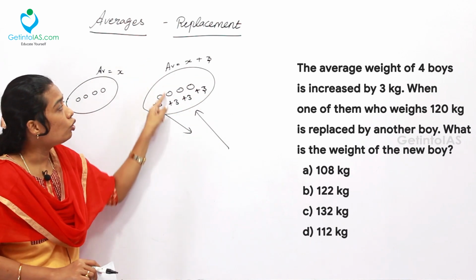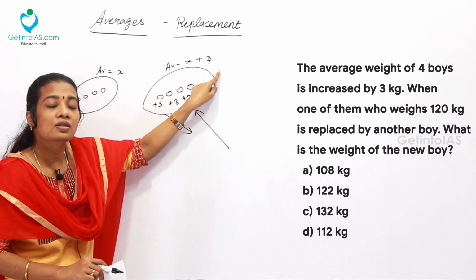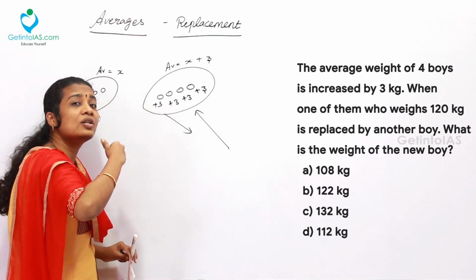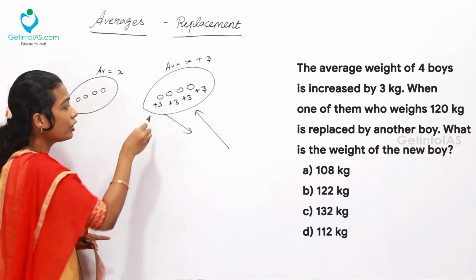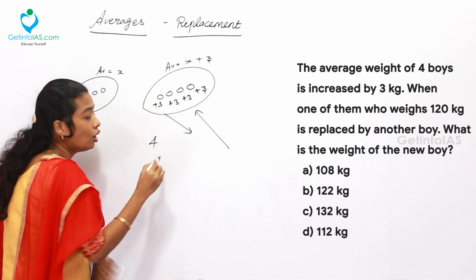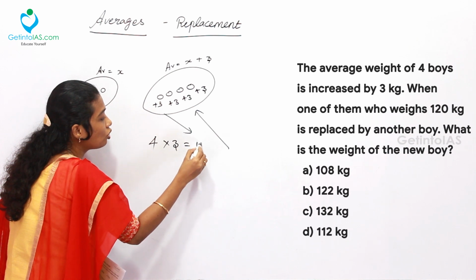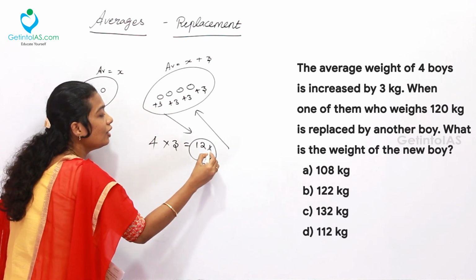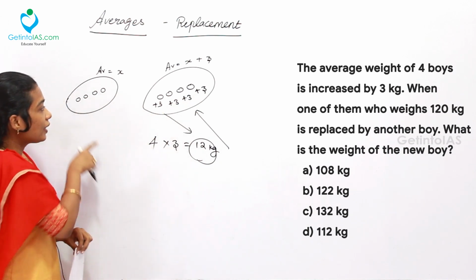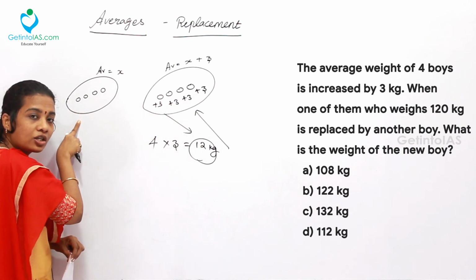Here for a group, it is increased by 3. That means every member will be getting an additional 3 in weight. So here plus 3, plus 3, plus 3. How many plus 3? 4 times. 4 into 3 which is going to be 12. 12 kg increased overall, compared to the old weight.